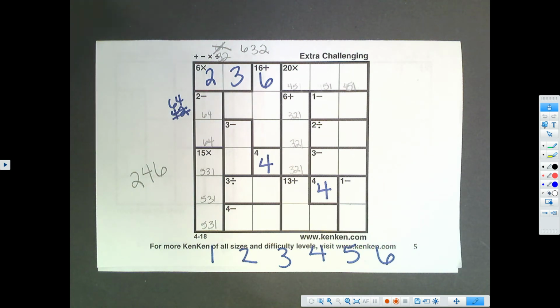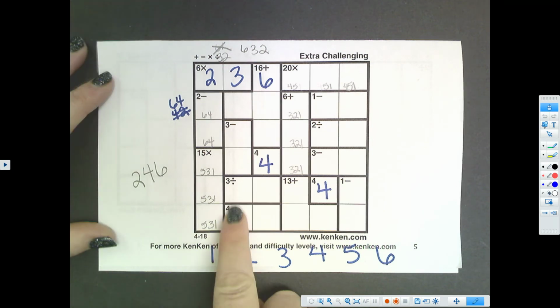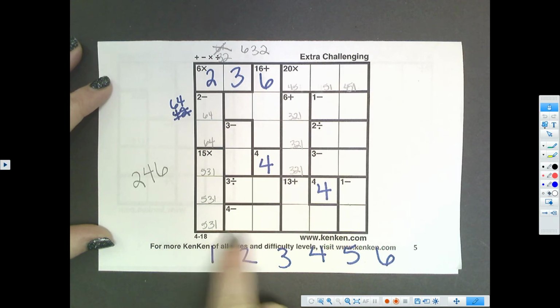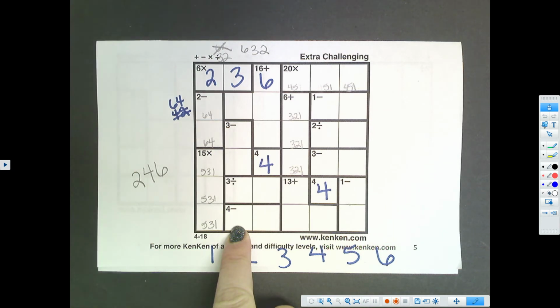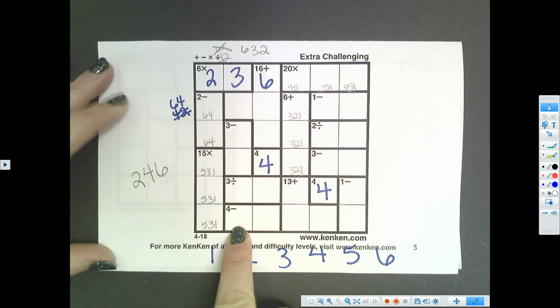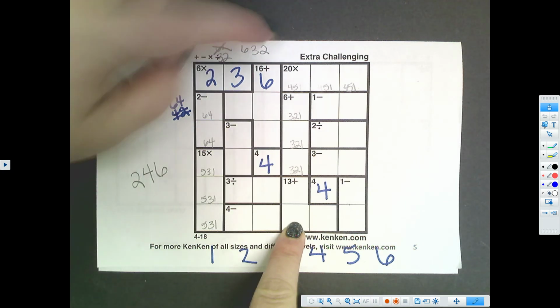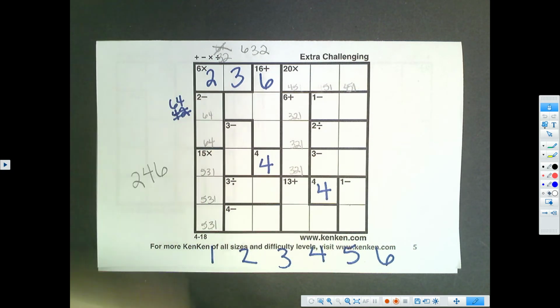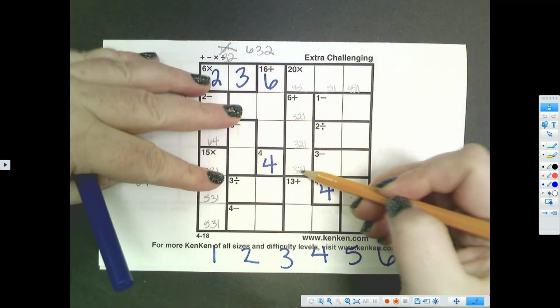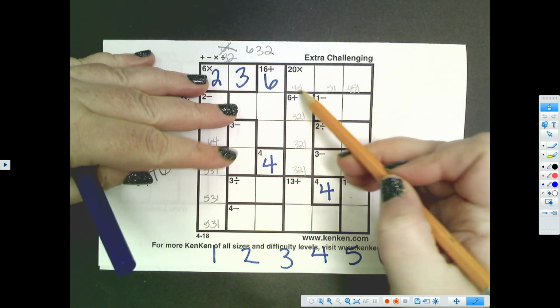So you just start looking at strategy and what boxes you do know. Down here, if I have a 3, 2, and a 1, this is either going to be a 4 or a 5.